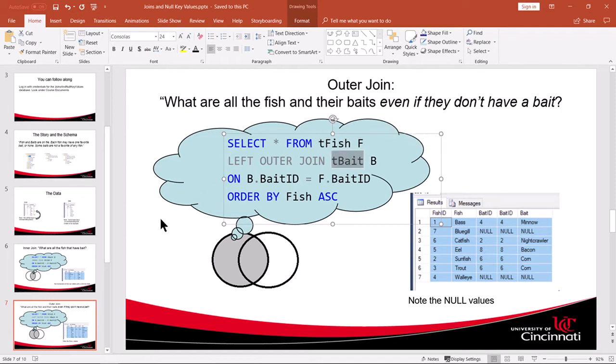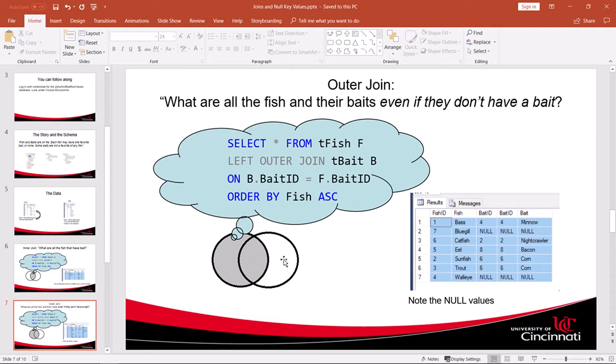We could easily swap those and then it would become a right outer join, but this is how we read the SQL. The first table that appears in the select statement is the left-hand table. The second table that appears is the right-hand table. Referring to the diagram then, fish is the left-hand circle and bait is the right-hand circle.